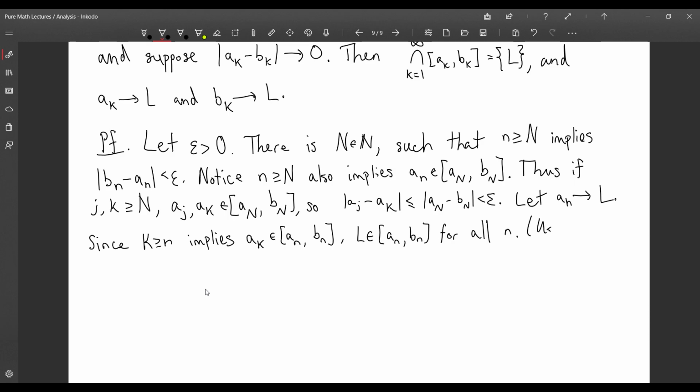So use contradiction. And therefore, since L is contained in all of these intervals, L is contained in the intersection by definition.